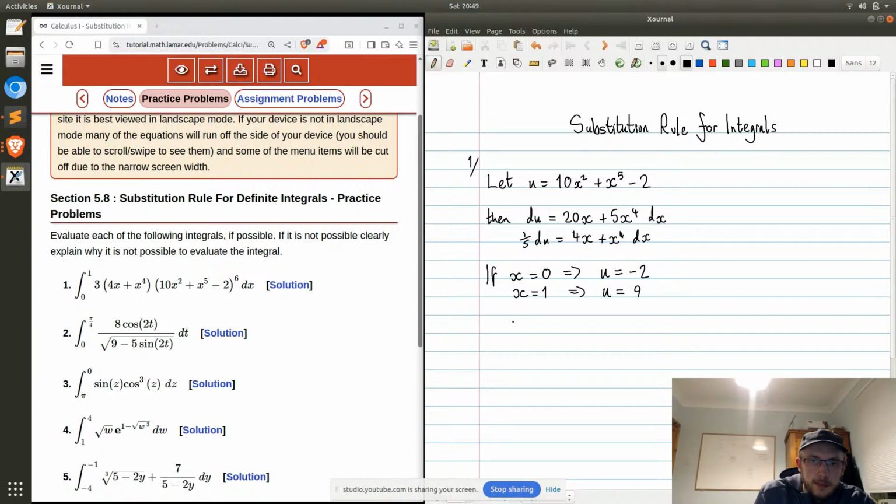So I think that the integral is now 3/5, and this piece here and the dx are du, and that piece there is just literally u to the 6. So I'm going to bring that closer actually.